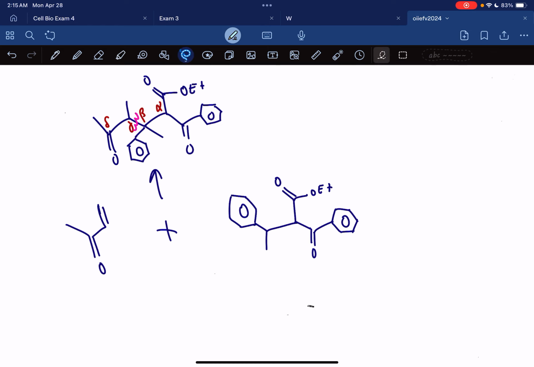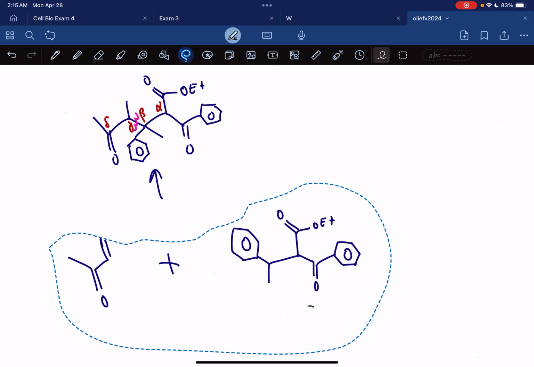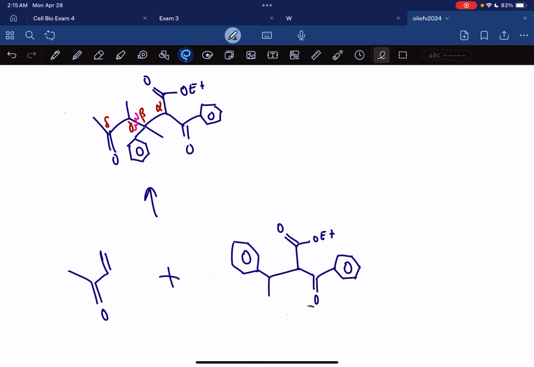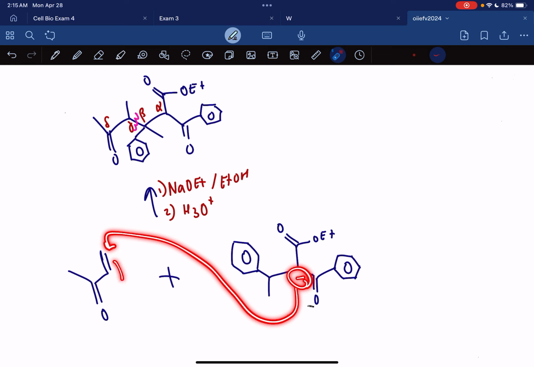And the way you get to that from the two Michael pieces is you use the reagent NaOEt/EtOH as step 1. And step 2, you're going to do H3O+. So that'll basically deprotonate here, make this minus, and this will attack here, kick here, make this. And then the H3O+ will reform the structure.